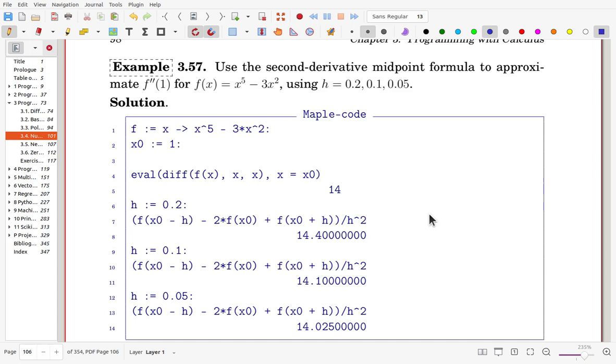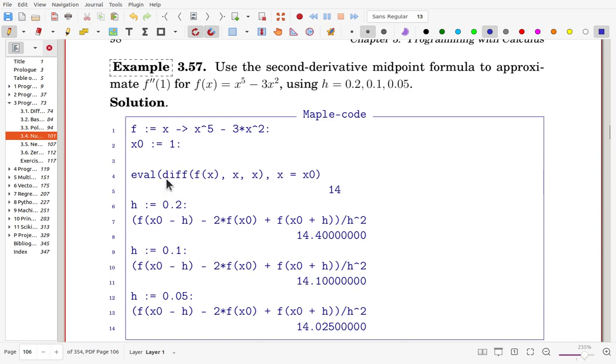Okay, let's see this example. Use the second derivative midpoint formula to approximate f double prime of 1 for f of x equal to x to the 5 minus 3x squared, using h equal to 0.2, 0.1, and 0.05. We will use the symbolic tool Maple, and f is defined and x0 is 1.